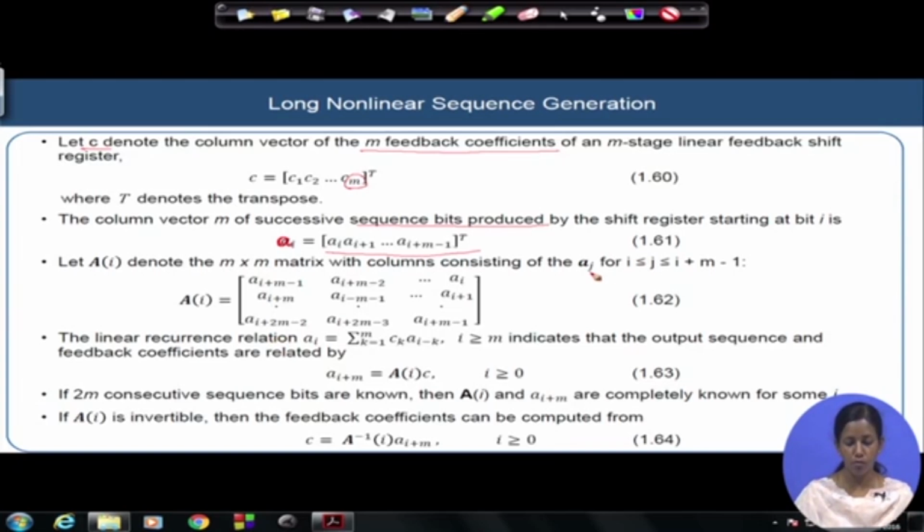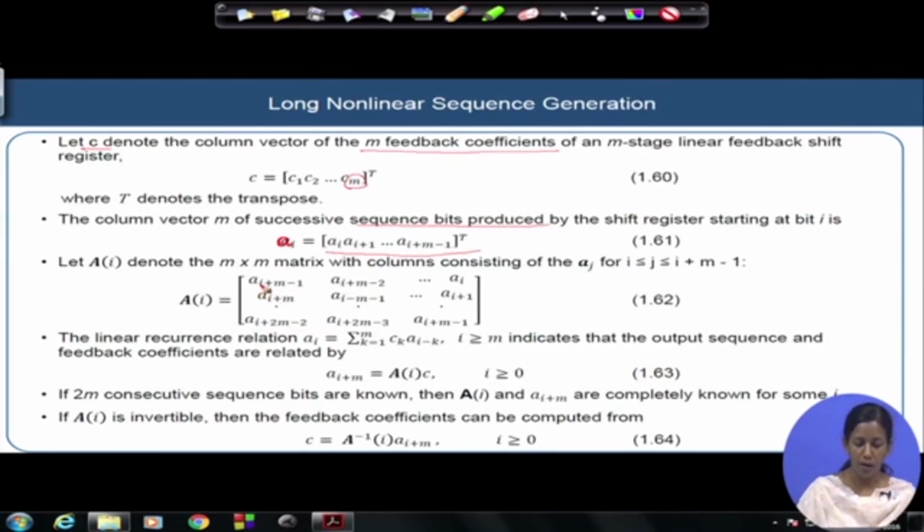But this j value starts from i, and goes up to i plus m minus 1. Then the last value will be i plus 2m minus 2.